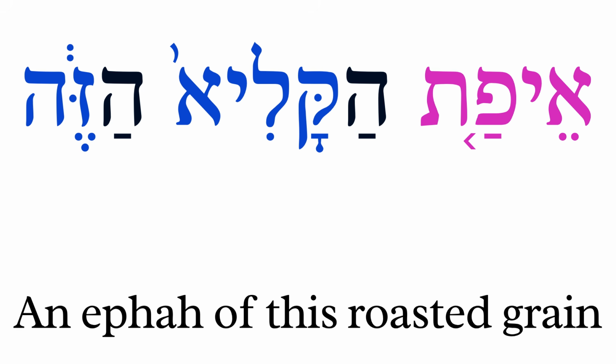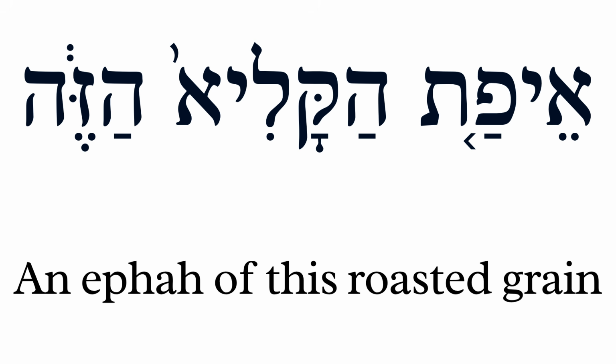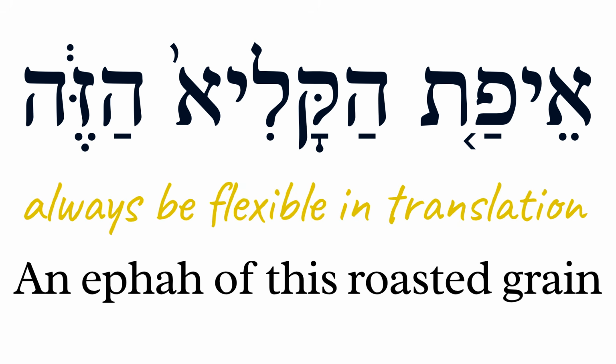That means zeh cannot describe the ephah, but must refer to the grain. So efat hakali hazeh is not this ephah of roasted grain, but an ephah of this roasted grain. Note that though this phrase is definite, I said an ephah of roasted grain. As I said, be flexible when translating phrases with Hebrew grammar into phrases with English grammar. The two are not the same. You'll be able to tell how the phrase would sound most natural in English.